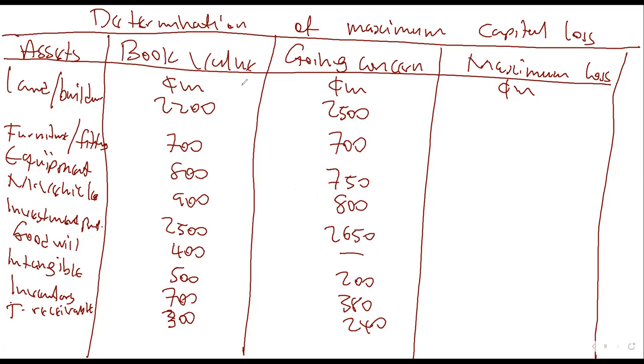So 2,200 less this answer: 2,200 minus 2,500 will give you the maximum loss.